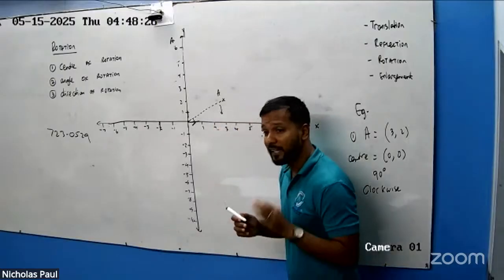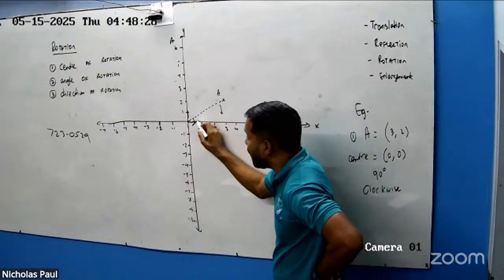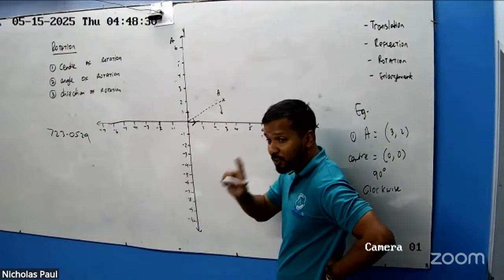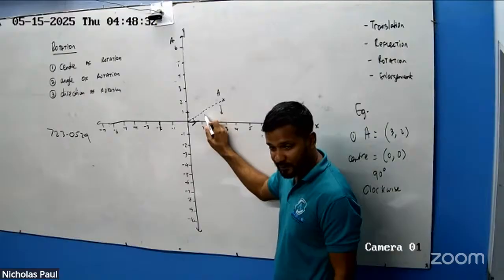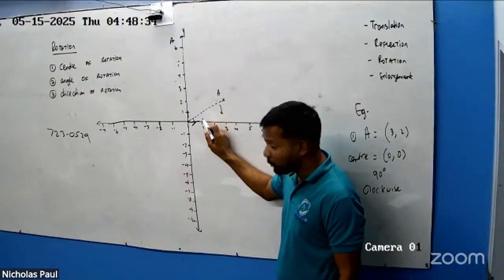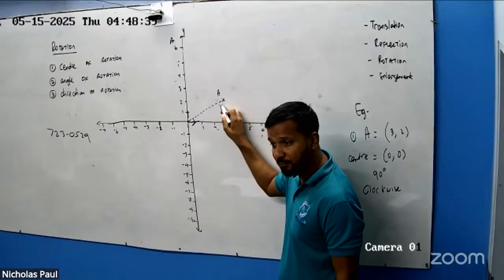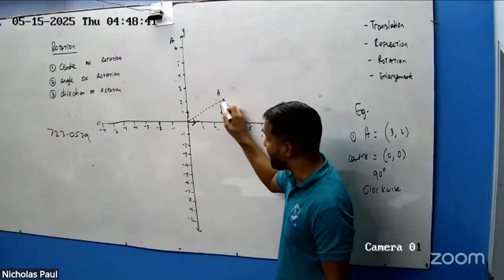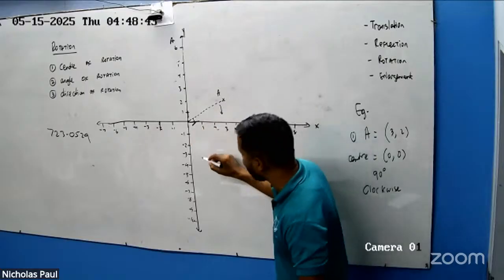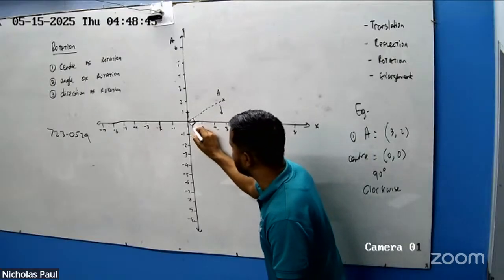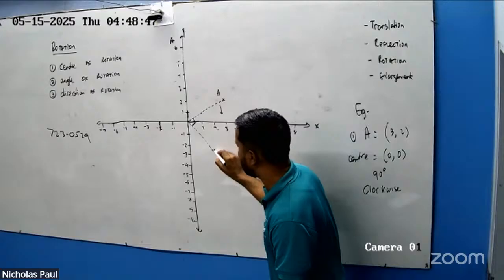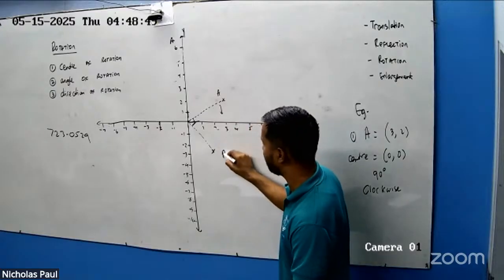Here's the hard part. When you average 90, you have to draw a line of equal length. So the line that I'm going to draw is a line of equal length to this. Whatever length you got, exact length. Then you draw and tell me where it ends up.